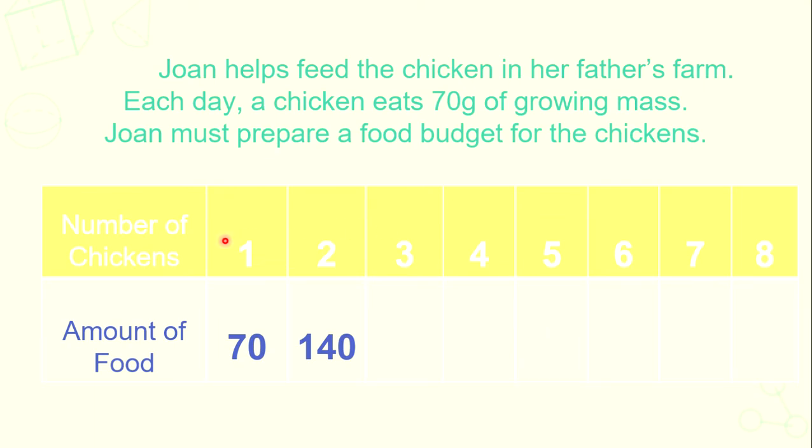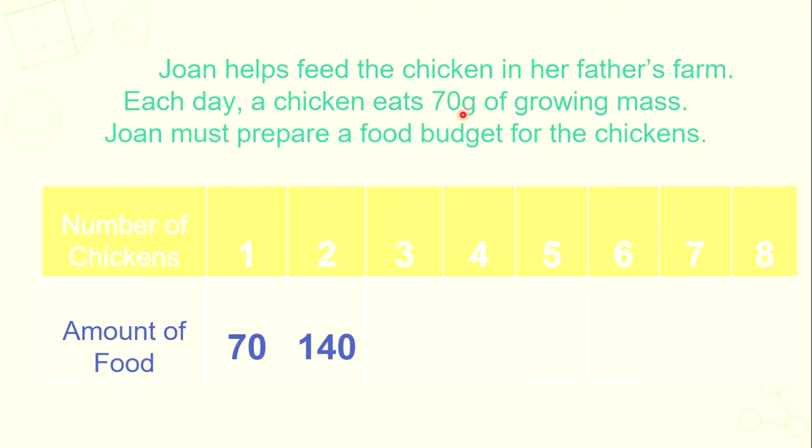Okay, so we have here the number of chickens, 1, 2, 3, 4, 5, 6, 7, 8, and we have the amount of food. In this table, for one chicken, the amount of food is 70, or the chicken eats 70 grams.